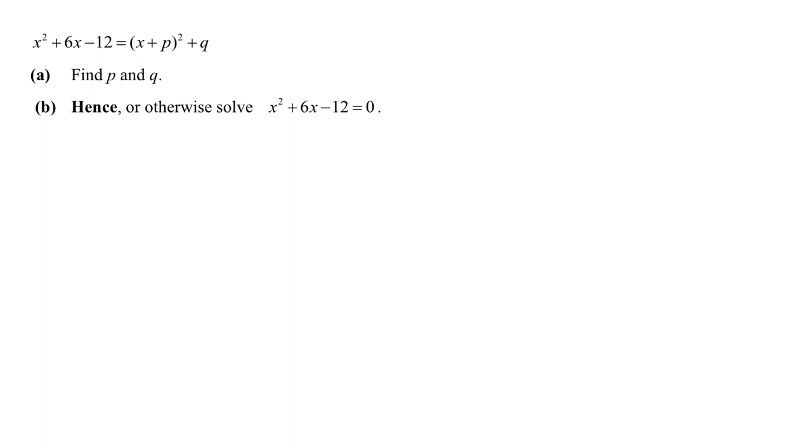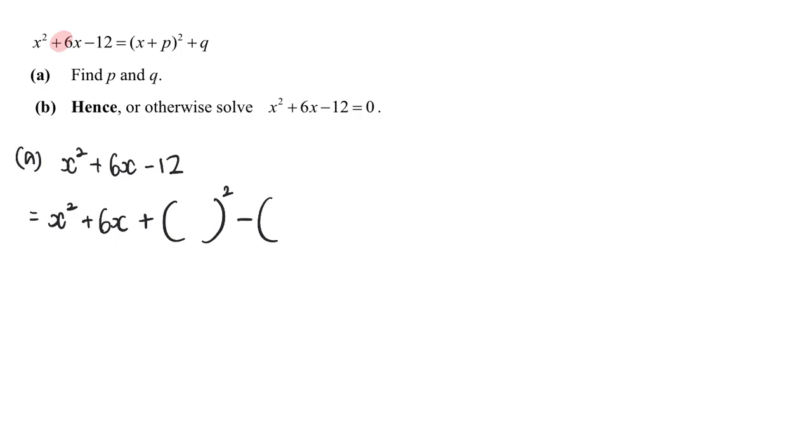Okay, so at this point, in order to express it in complete the square form, I would then need to add something bracket square, minus something bracket square, and I still minus 12.